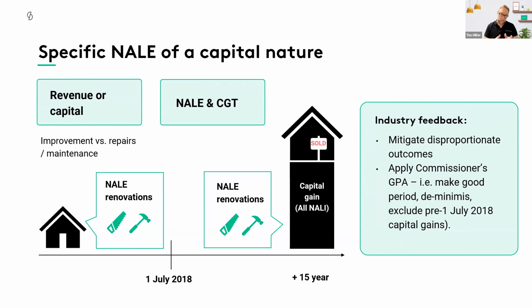Now, the key here, and I'll run through the main example that's utilised in the ruling itself, is that what we're looking at is not just transactions moving forward. We want to get clarity from the ATO that they won't take action on anything that's been done historically.